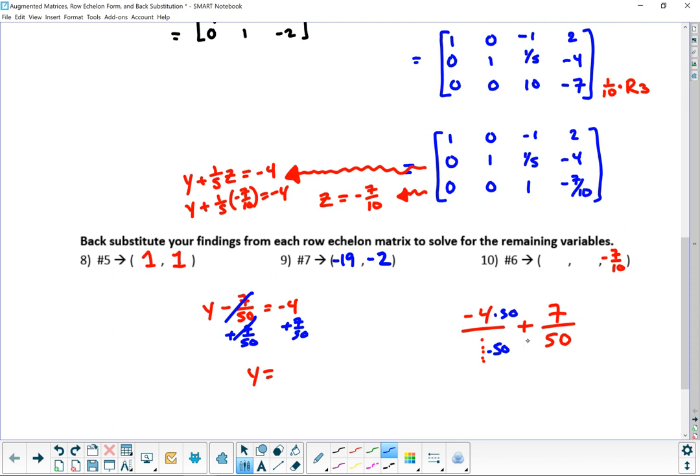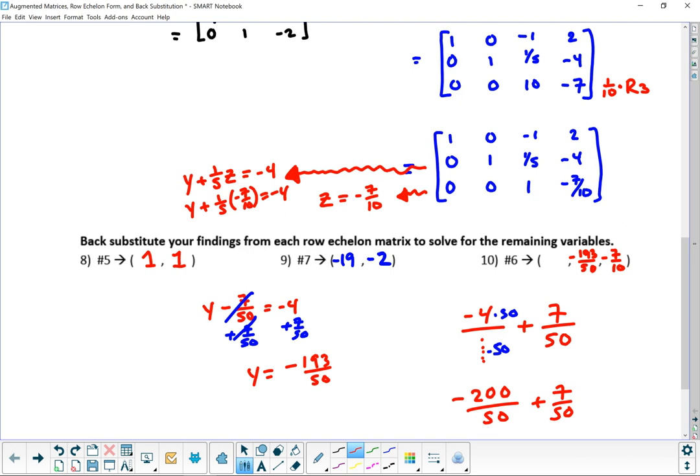Negative 4 times 50 is negative 200, so negative 200 over 50 plus 7 over 50. So negative 200 plus 7 is negative 193 over 50. Okay, so that's what y is. Y is going to be negative 193 out of 50.